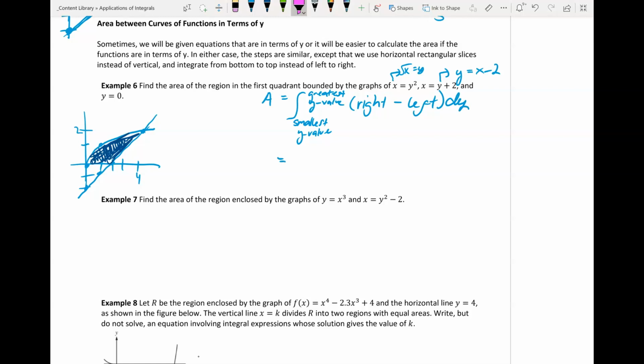So if we look at our smallest y value, because we're bounded by y equals 0, this is your smallest y value. Your highest y value is going to be at 2. So those are our bounds.